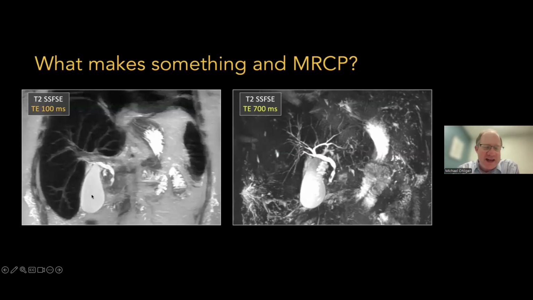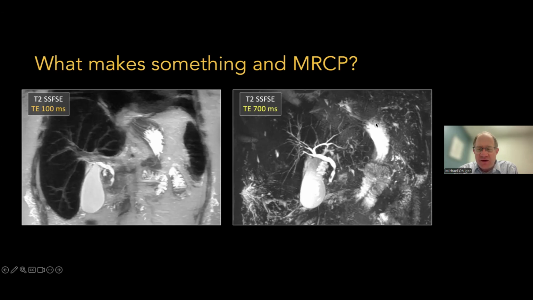Now, we use fancy names for it, but all it really is is a separate setting on a regular T2 weighted sequence. For people who know a little bit about MRI, there's something called an echo time. You don't have to worry too much about that. But suffice it to say, if you do a regular T2 weighted sequence, you see all the background tissue. And if you modify your parameters such that you suppress everything except for the fluid, that's what an MRCP is.